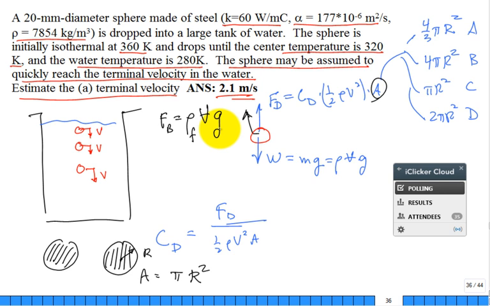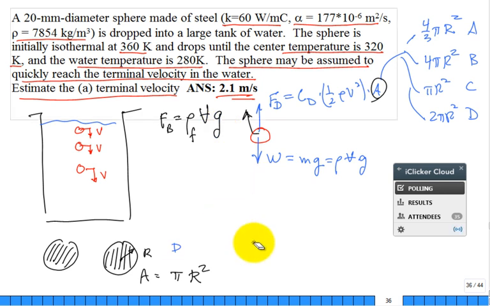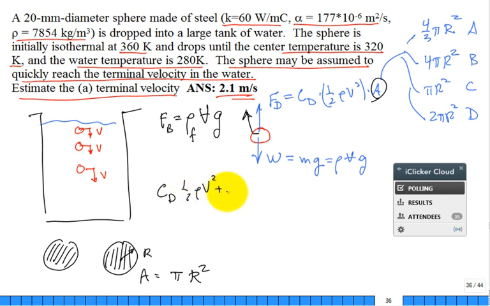All those three. So let's write out our equation to calculate the terminal velocity. So we have two ups. We have C sub D, 1/2 rho v squared, plus rho of the fluid times volume times g, equal to rho of the solid times volume times g. Does that look good?